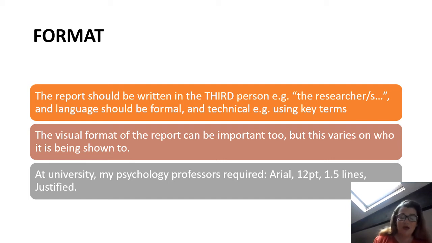So for example, at university, my professors required that the font be Arial. Some professors wanted it in Times New Roman, but for the dissertation it was Arial. It had to be size 12, and the spacing in between was 1.5 lines, because in the olden days when I was at university, the professors needed that space to be able to write underneath it and make comments.